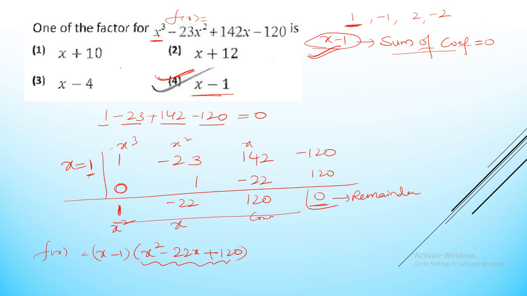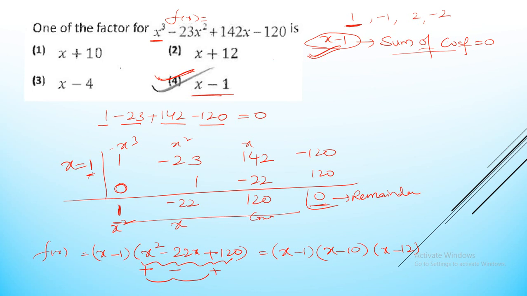This is a quadratic polynomial, so again I am going to get two factors from this. What are those two factors? x minus 10 into x minus 12. How did we get this? If you observe the signs, this is positive, this is negative, and this is positive. The sign has changed 2 times.